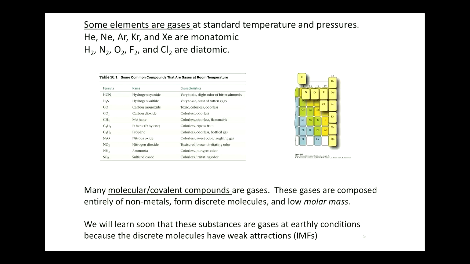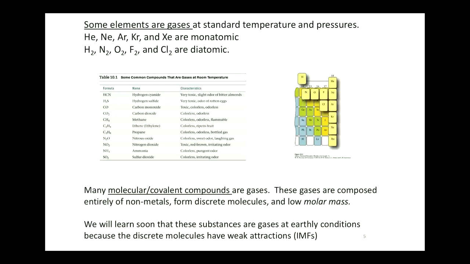But if you go, I don't know, to some crazy planet with no pressure and tons of heat, then maybe metals can be in the gas form. Okay, so common monoatomic elements and diatomic elements here. The commonality between these substances is that they have relatively low molecular weights.